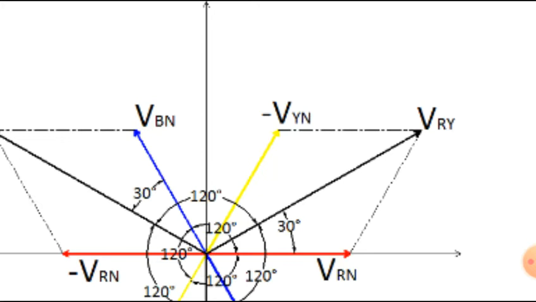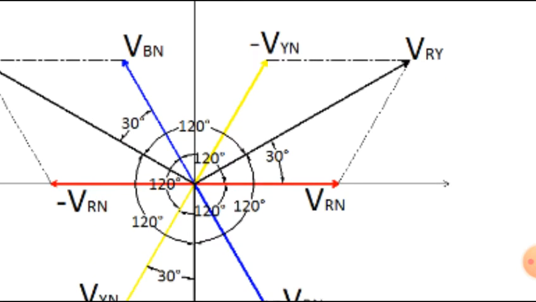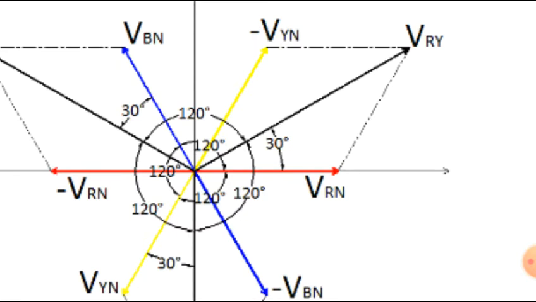If we observe here, the angle of VRY with respect to VRN is 30 degrees. That's always true. Why? Because the angle between VYN and negative VYN... because the angle between VYN and VRN is 120, and negative VYN is at 180 from VYN, so the angle between VRN and negative VYN is 60. 180 minus 120 is 60.